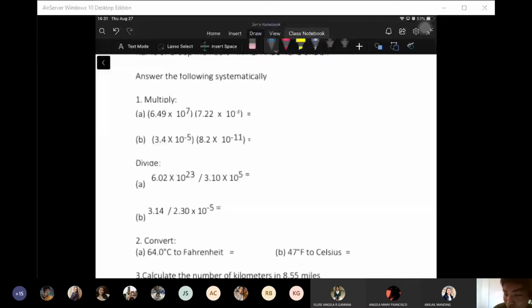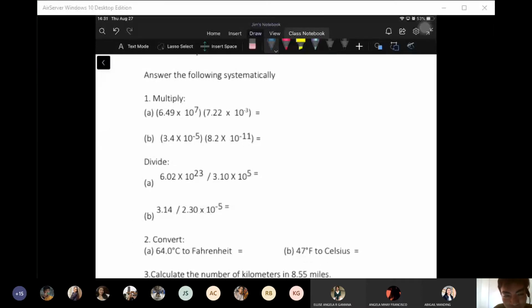Siguro pwede din natin gawin dito yan. Kung may ballpen at papel kayo, kuha kayo. Tapos, sagutan nyo yung number 1, A and B for division.